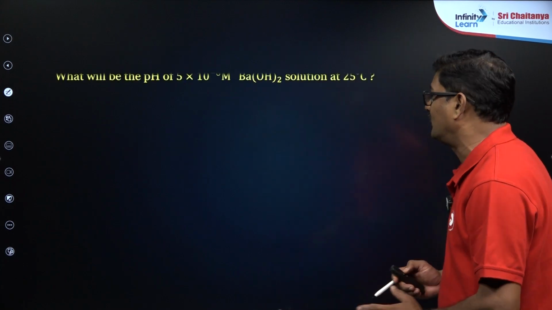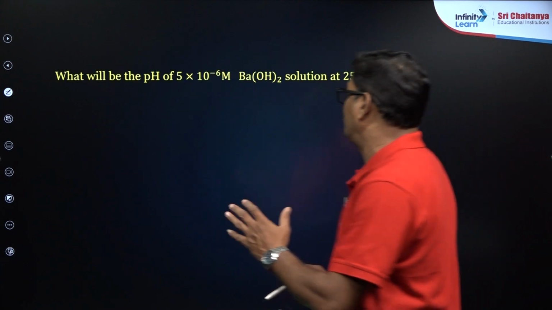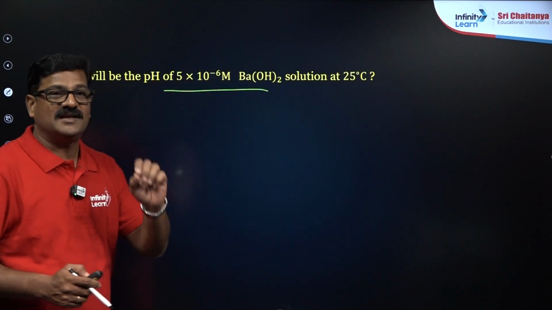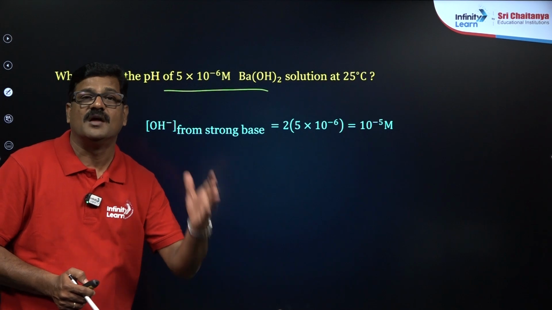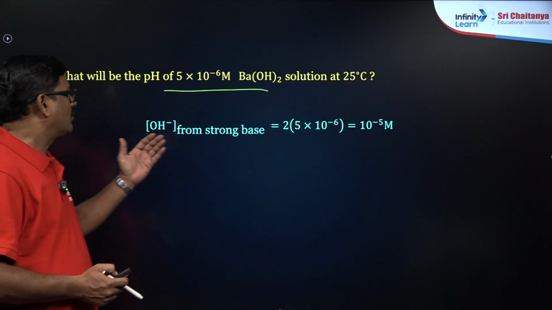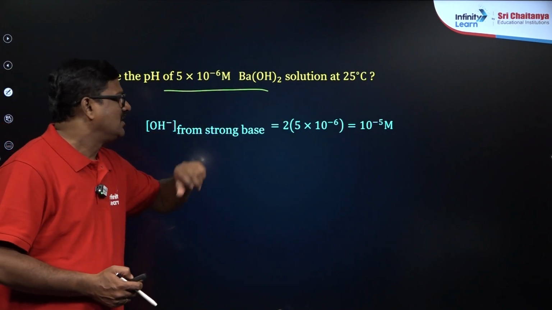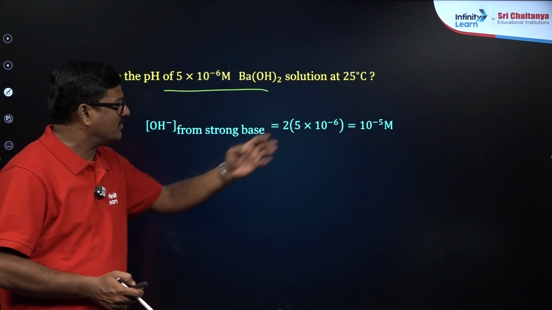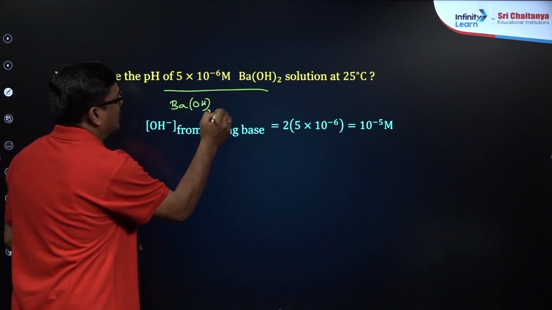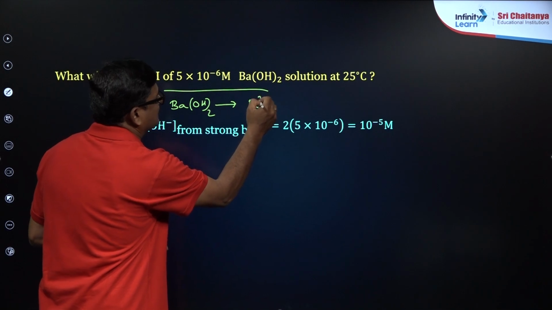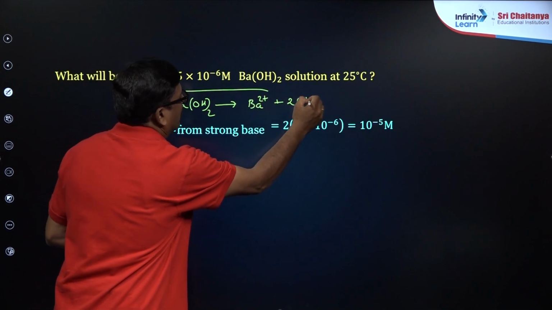And also you can take what is the pH of a strong base. If that is a strong base, first you calculate the pOH and subtract it from 14. From a strong base you can take the OH- concentration, because barium hydroxide is going to be ionized like this, giving rise to barium 2+ and 2 OH- ions.